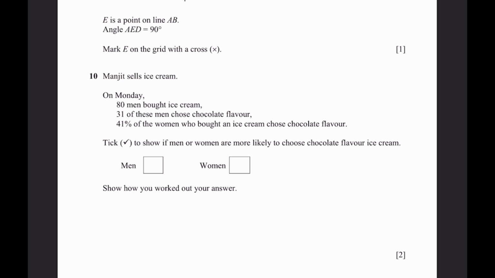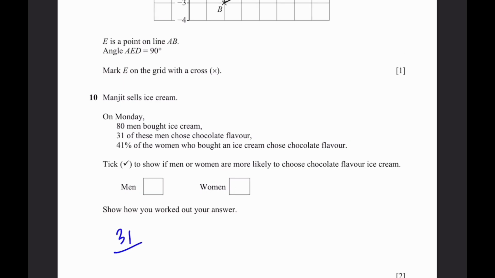Manjit sells ice cream. On Monday, 80 men bought ice cream. 31 of them chose chocolate, and 41% of the women who bought an ice cream chose chocolate flavor. Show whether men or women are more likely to choose chocolate flavor ice cream. Show how you worked out your answer.